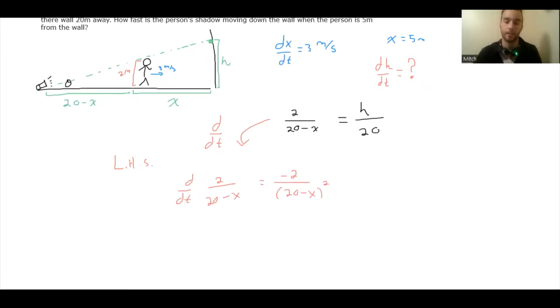So that's just going to be -1 times dx by dt. Remember that one, because x is not what we're taking the derivative of here. We're taking the derivative with respect to time. So this negative is going to cancel out with this negative, and we're going to get dx by dt.